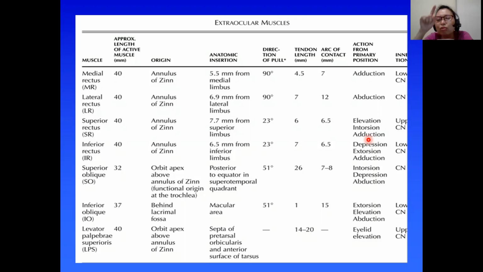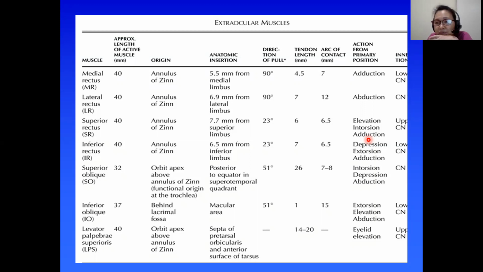So, what if your lateral rectus is paralyzed? What will be the position of your eyeball? Medial. So what will be the tropia of the patient?